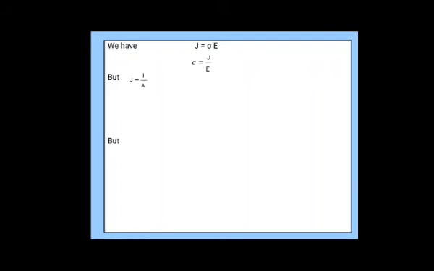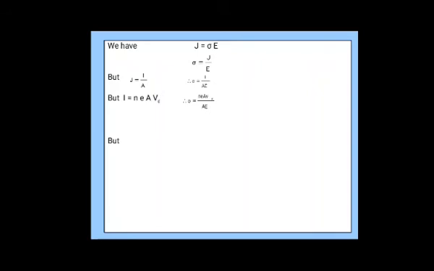But J means what? Current density. So J is equal to I by A. Then if you substitute, instead of J you write I by A, so you will get sigma is equal to I divided by A into E. But we know one more relation, that is I is equal to nevA Vd, where Vd is drift velocity.